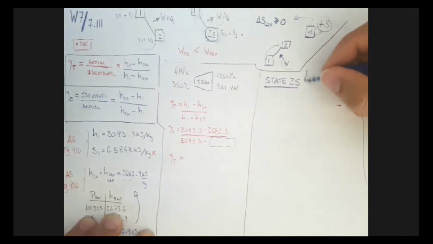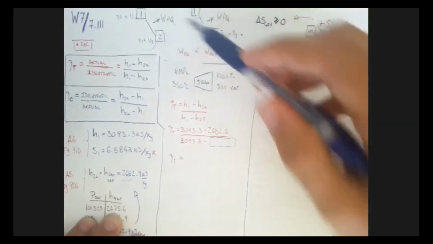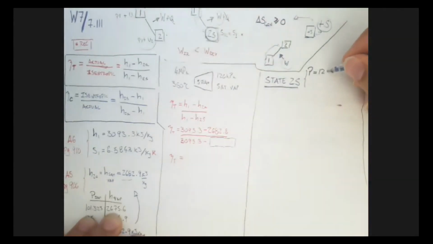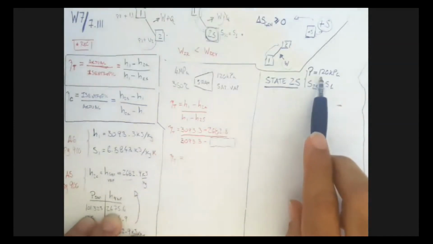Well, we know that the pressure on this guy is the same pressure as my actual state, because we know it finishes off at this pressure here, which is 120. And I also know that the entropy of this state, 2s, has to be equal to entropy on state 1. Okay, so I know my entropy and my pressure. My entropy is 6.5, and my pressure is 120.